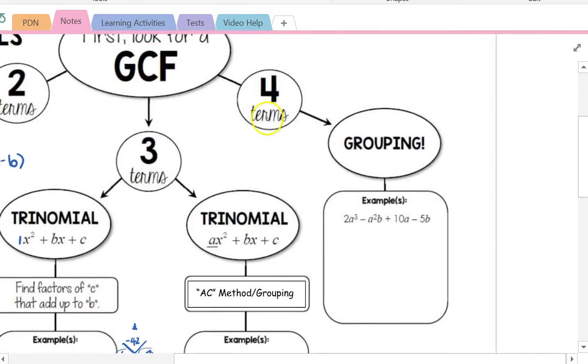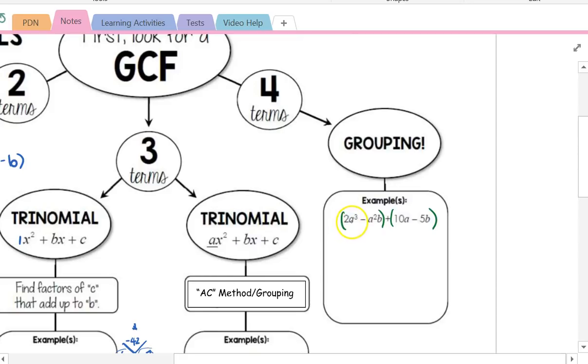Okay, and then 4 terms, this is always going to be grouping. So if we look for a GCF first, 2, 1, nope, then that automatically disqualifies it because it only has 1. So let's group these and group these.